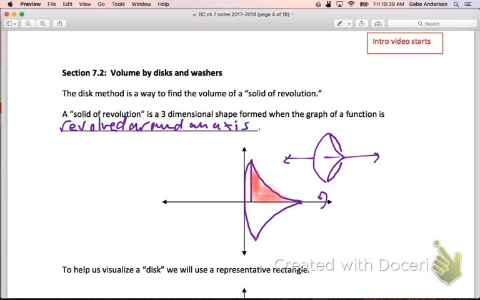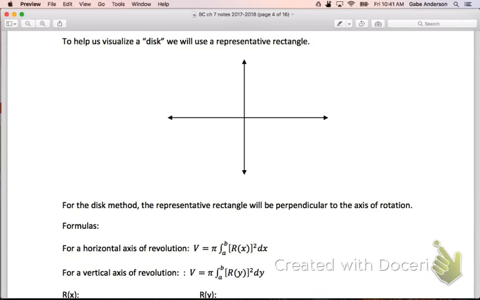So to help us with this disk method, we're going to visualize a disk using a representative rectangle. So let's take a look at that here next. Using that same region, or roughly that same region, I'm going to take a little chunk of this, our little representative rectangle, and think about what that would look like if I revolved that around the x-axis.